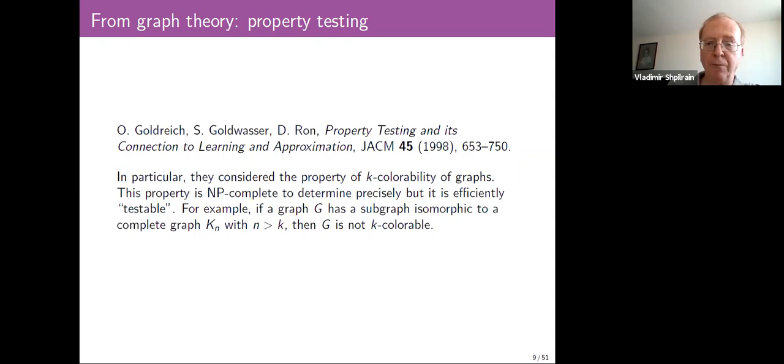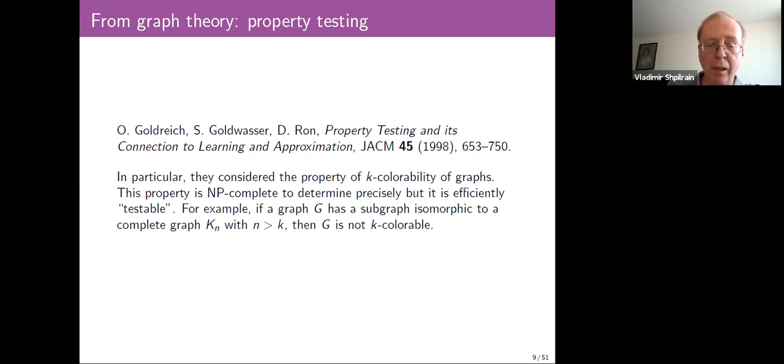For example, if you randomly sample a graph with, let's say, K plus 1 vertices, and this graph turns out to be complete, then this graph is not K colorable, and therefore the whole graph is not K colorable. So this is philosophically similar to the example on abelianization check that I mentioned, right?